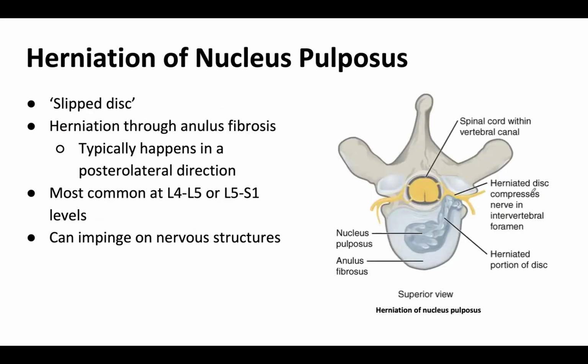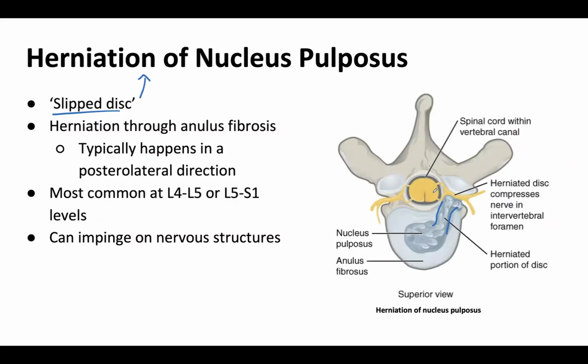So you may have heard the term slipped disc. This is actually referring to a herniation of the nucleus pulposus through the annulus fibrosus. And this typically happens in a posterolateral direction.